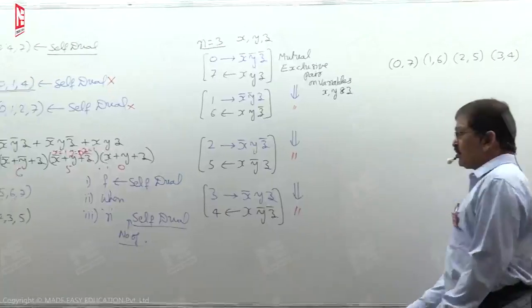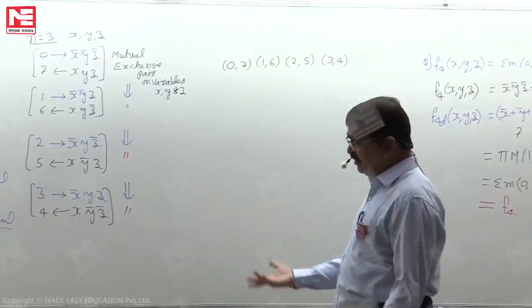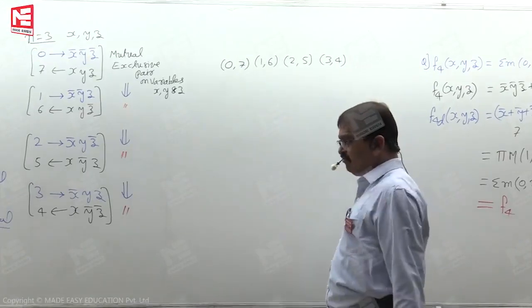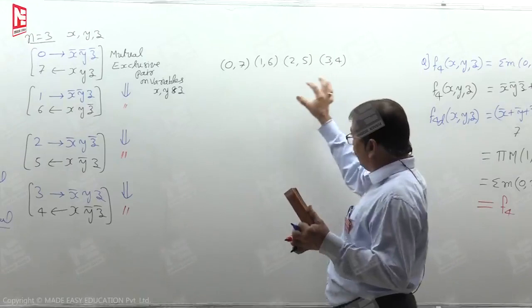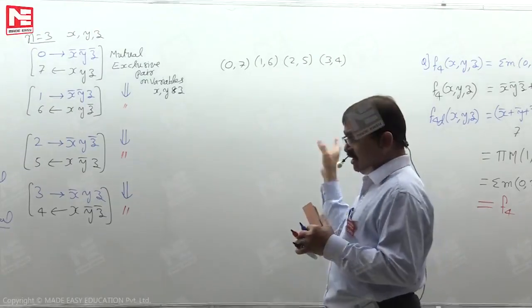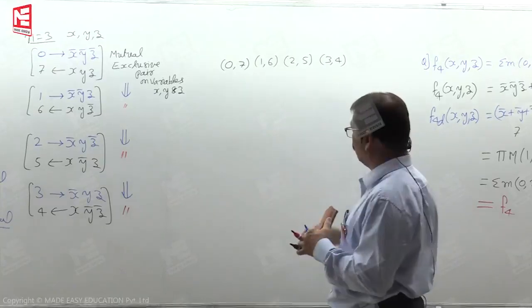We are looking here at the functions f1 and f4 as self-dual functions, and f2 we need not talk about, and f3 is not a self-dual function. So with this understanding, let us see what is happening in the work we had earlier, before coming to the examples f2 to f4.